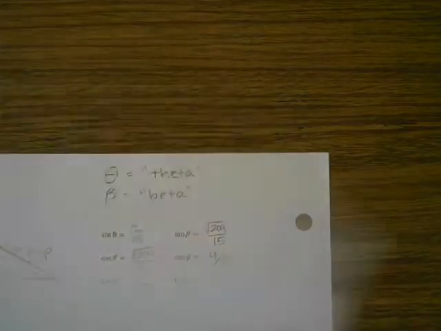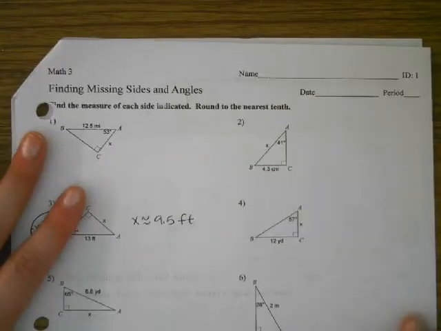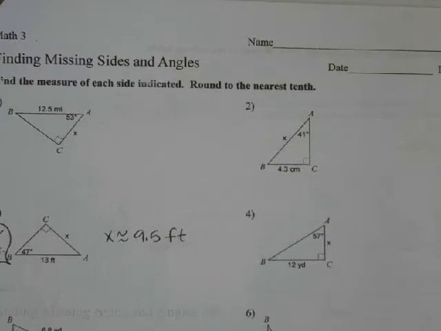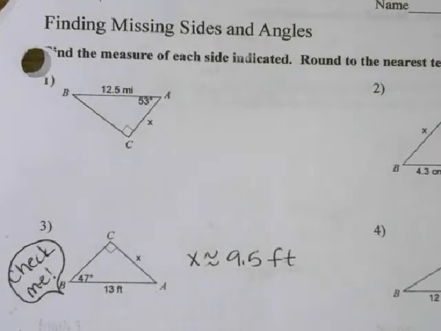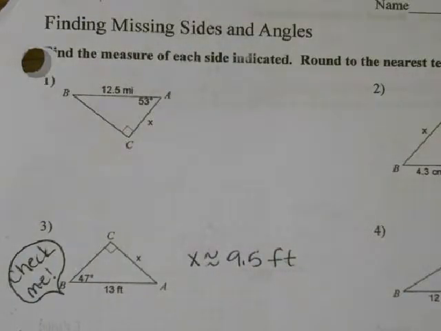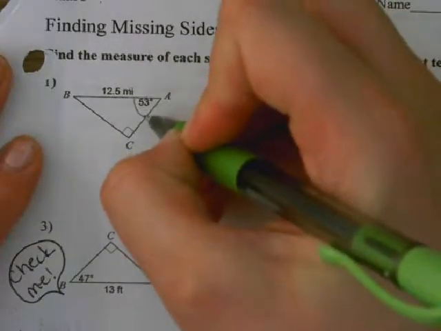Okay, so if you flip to this page right here, all right, so here, this is where we're going to be finding the missing angles and the missing sides. And the first thing that I like to do is label my triangle with the names of the sides. So here's the angle that we were talking about.